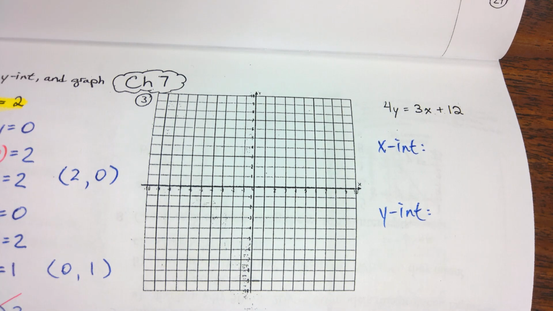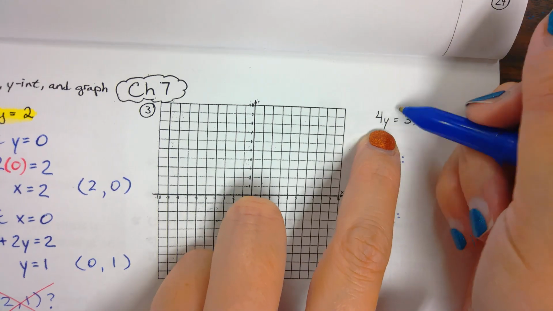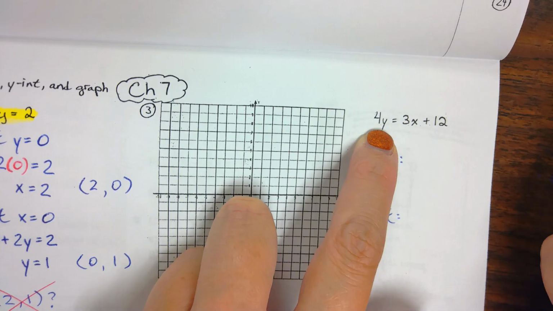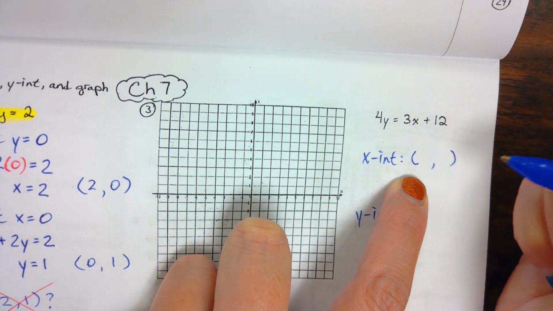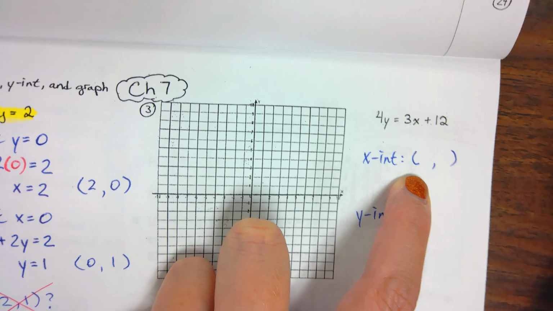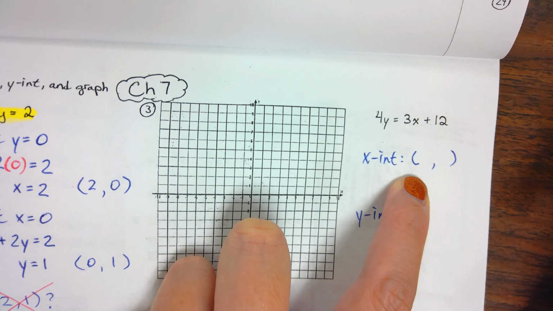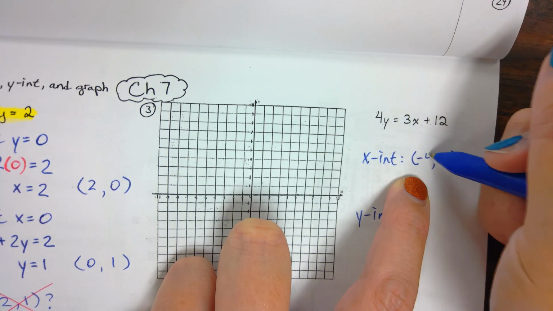Okay, so to find x-intercept, we're going to let y equal 0. So when y is 0 and you move the 12 over and divide by 3, what did you get for your x-intercept? Yeah, negative 4 and 0.